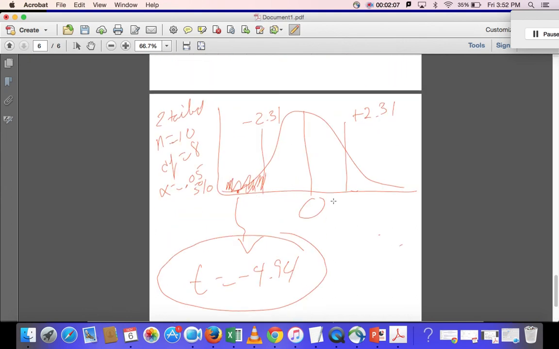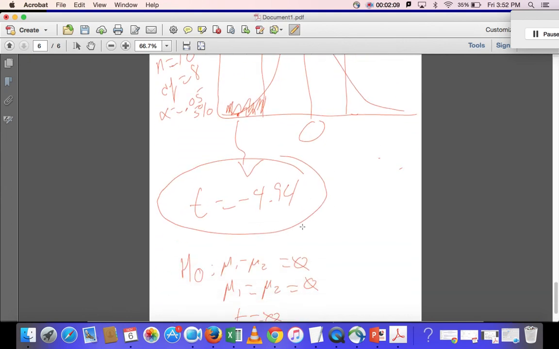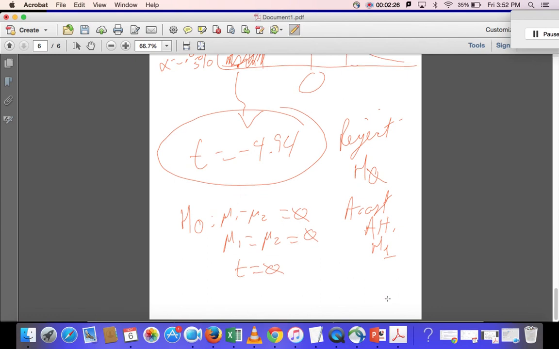In this particular case, we find that my statistic lands inside the region of rejection, so I'm going to reject the null hypothesis, and I'm going to now accept the alternative hypothesis, H1, that indicates that there was a significant difference between the two groups.